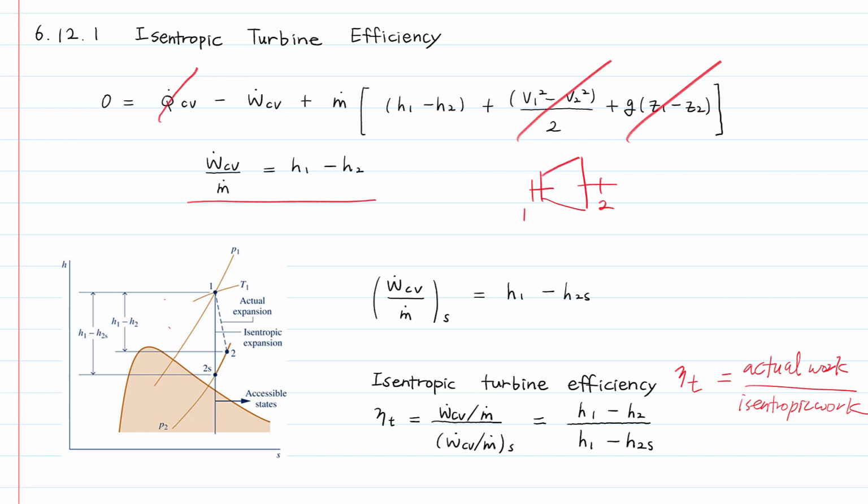The actual turbine is not reversible. It contains irreversibilities. The isentropic turbine is an ideal device, so you may think of isentropic work output as the maximum work output at a given condition, because the isentropic process is a reversible and adiabatic process.